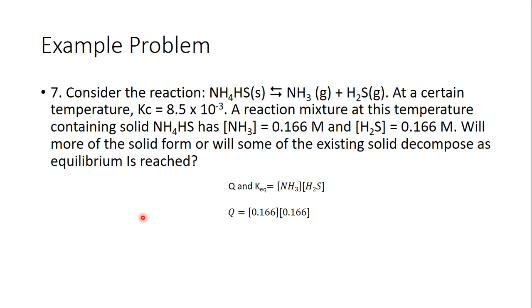So Q equals 0.166 times 0.166, so Q is 2.8 times 10 to the minus 2. Q is bigger than Kc, therefore we're going to run in reverse. We need to get rid of some of this product, so we're going to make more reactant. So we're going to flow from right to left here.